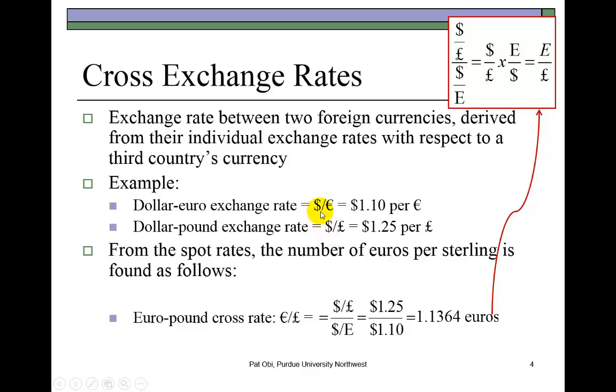So here, for example, if the dollar euro exchange rate is $1.10 per euro and the dollar pound exchange rate is $1.25 per pound sterling, by dividing the dollar pound exchange rate of $1.25 per pound by the dollar euro exchange rate of $1.10 per euro, you find the euro pound exchange rate.